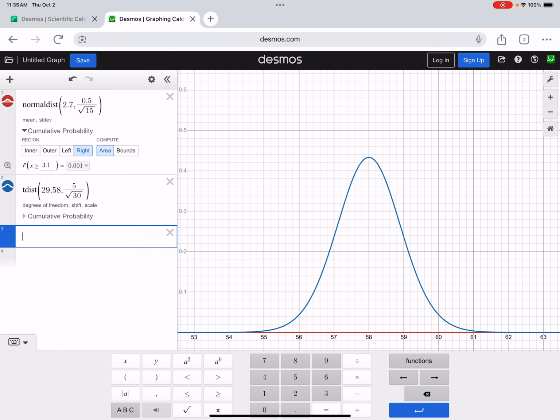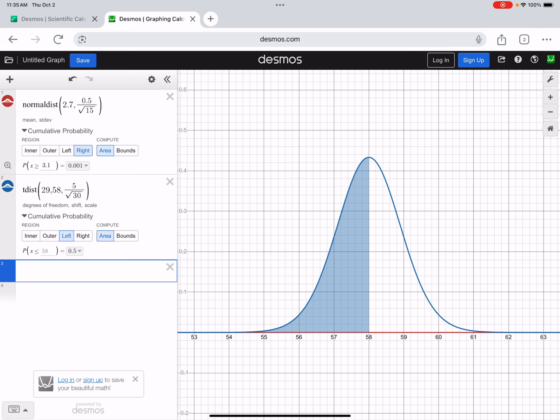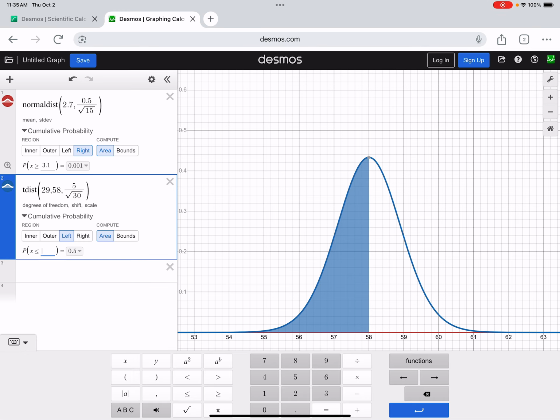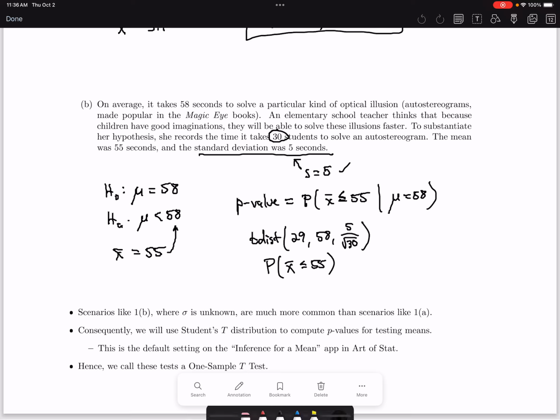And we can compute the probability now that X bar is less than or equal to 55. So that's interesting, right? Once again, we're getting 0.001. If we wanted to go to 4 decimal places this time, we could call it 0.0013, okay? So let's write that down.